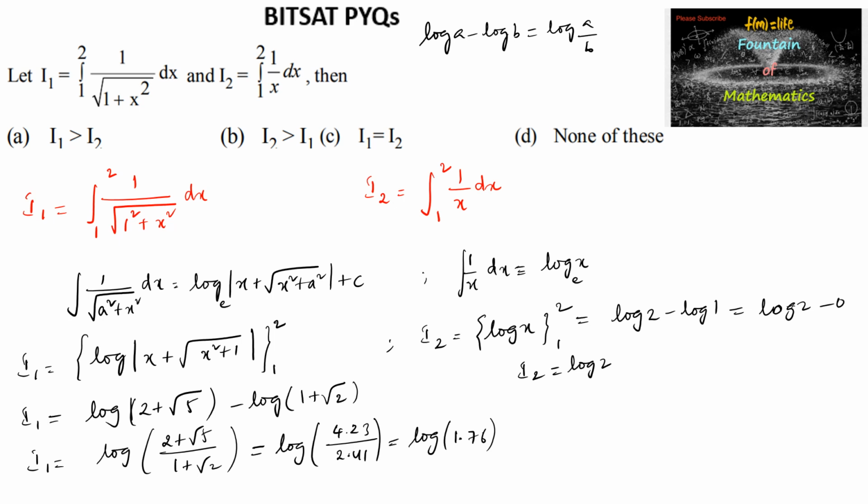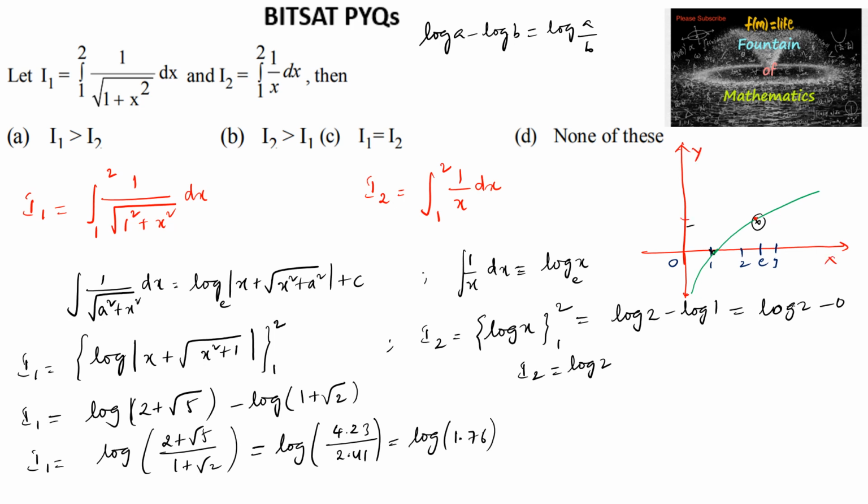And if we see the graph of the natural logarithm, log e value is 1, and log 1 is 0, and the graph is increasing, and log 0 is not defined.